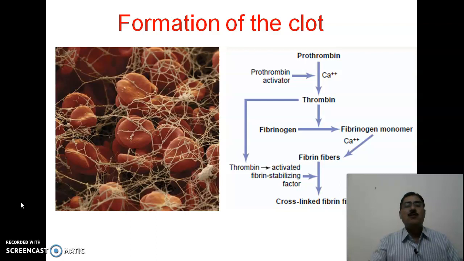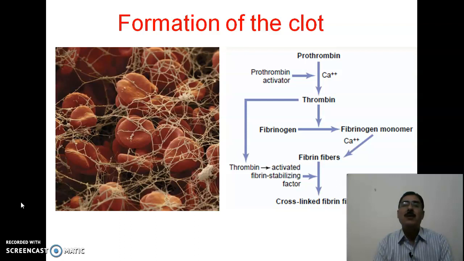The whole process which we have discussed earlier is summarized in this slide. The prothrombin is converted into thrombin in the presence of prothrombin activator, which is formed from either the extrinsic or the intrinsic pathway, in presence of calcium ion.